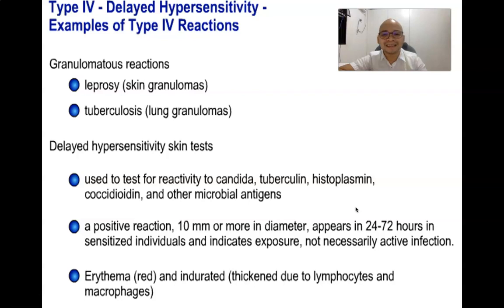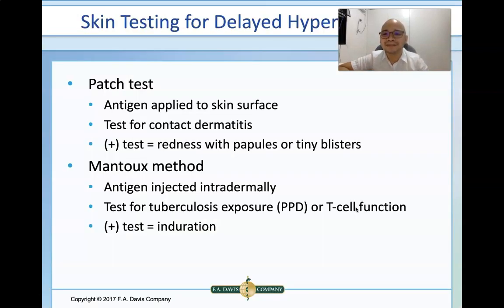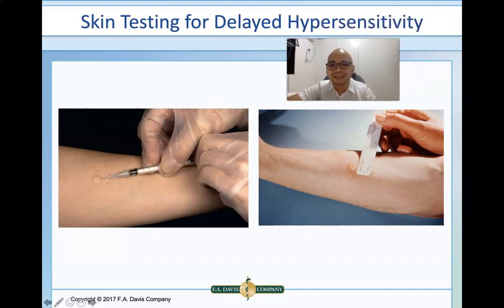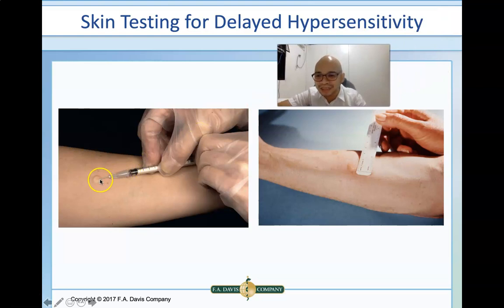If the erythema or induration, thickened due to lymphocytes and macrophages, exceeds 10 millimeters, that is considered a positive tuberculin test. So here, using a tuberculin syringe, you inject the purified protein derivative.